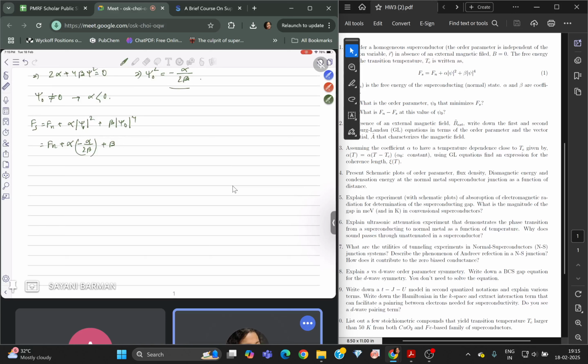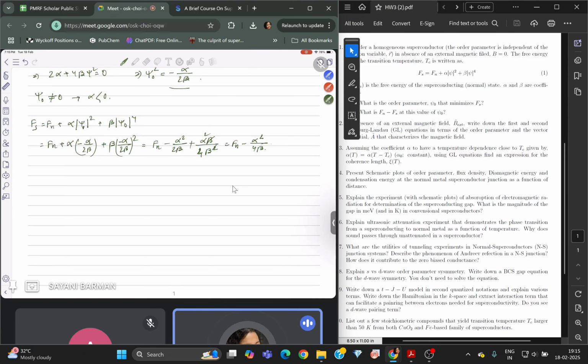Plus beta times the whole square of this. Then Fn minus alpha square by 2 beta plus alpha square by 4 beta square times beta. Means one beta will be gone. Means it would be Fn minus alpha square by 4 beta.